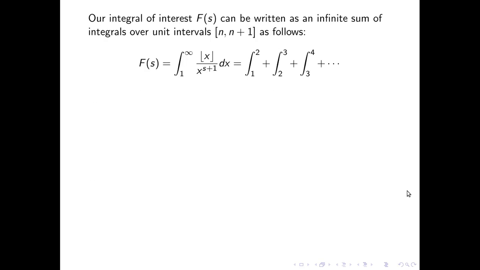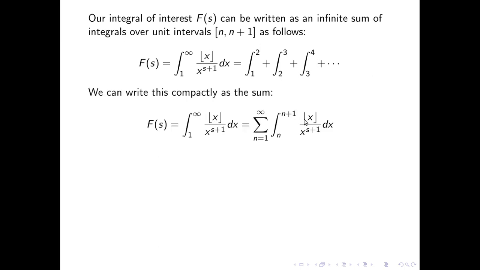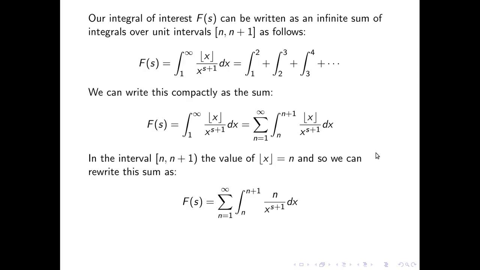Our integral of interest, f of s, can be written as an infinite sum of integrals over unit intervals: integral from 1 to 2 plus integral from 2 to 3 plus integral from 3 to 4, and so on. We can write this compactly as the summation from 1 to infinity of the integral from n to n plus 1 of floor of x over x to the power s plus 1.